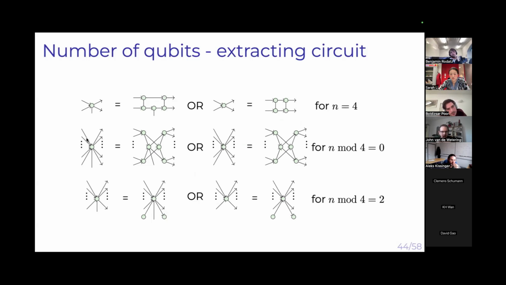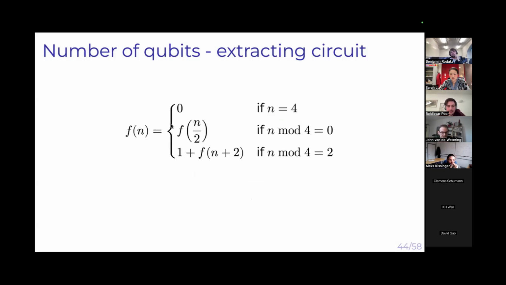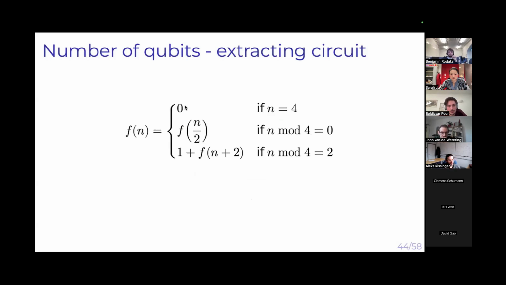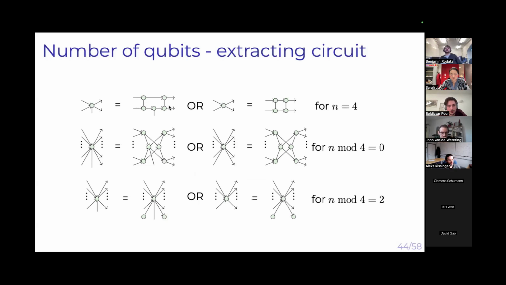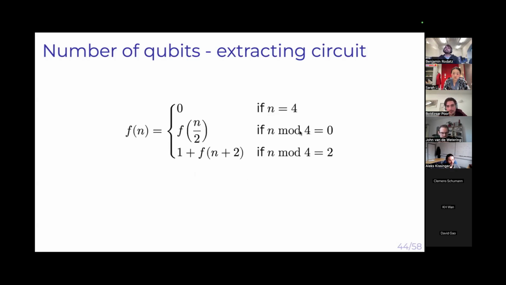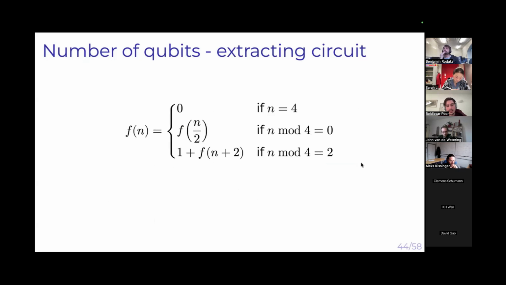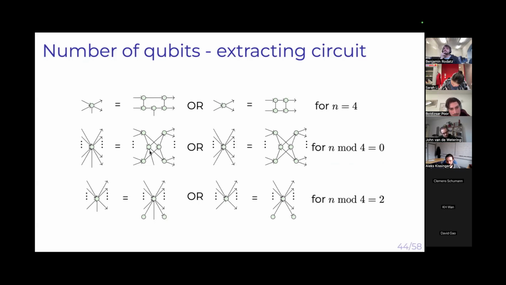So here, these can be described using this function. So in the first case, we get 0 additional qubits. This is this part, if n equals 4. If n mod 4 is 0, which is this case, we get n over 2 extra qubits, which are given by these ones.